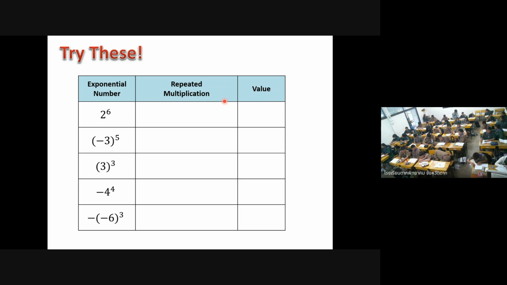Okay, everyone, finish, right? Okay, exchange notebooks.